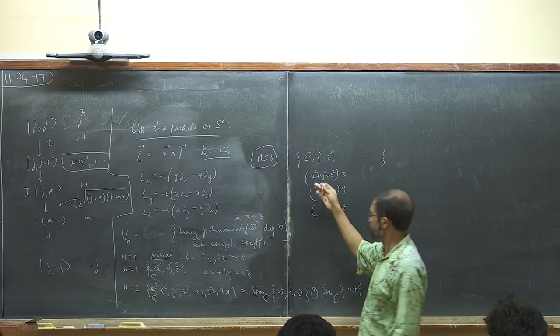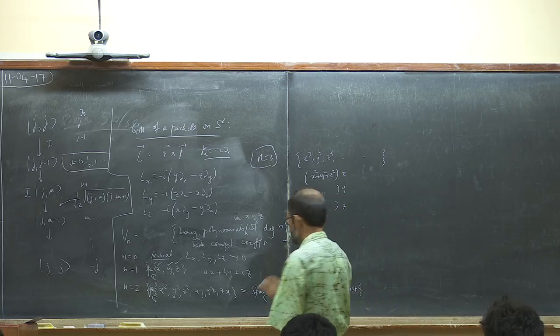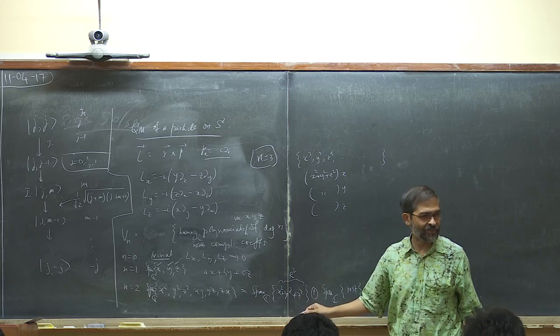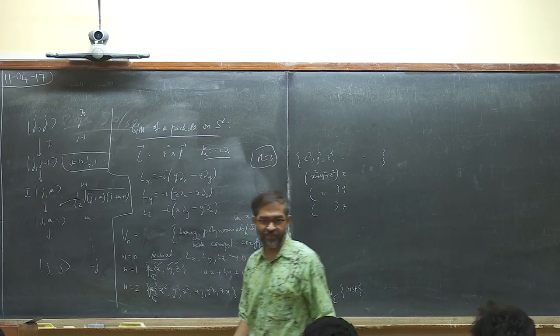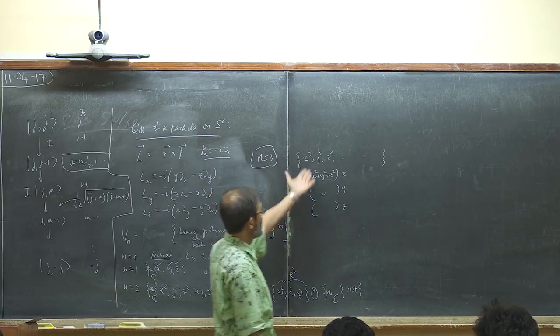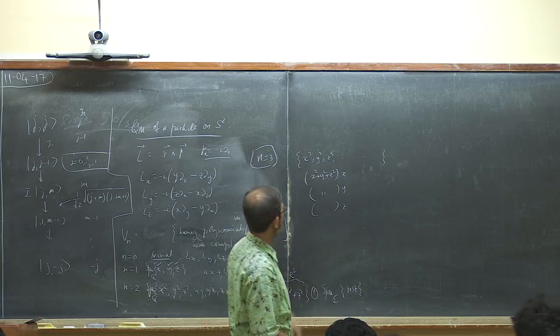You might as well replace this by some r square. This object is a constant so far as these derivatives are concerned, of course, because it's supposed to be rotation. Rotation operators don't do anything to this x square plus y square plus z square.